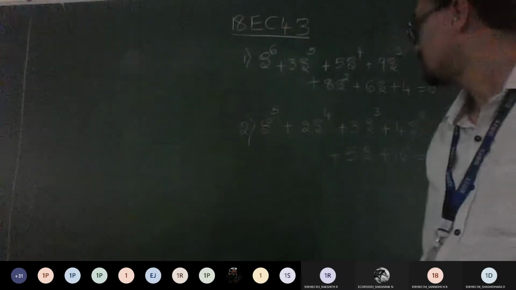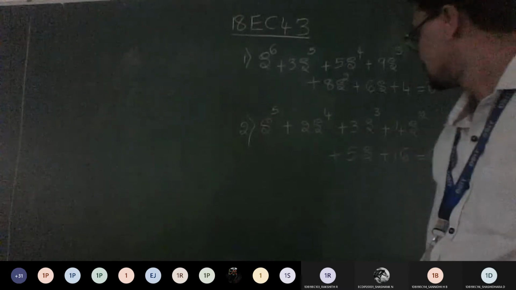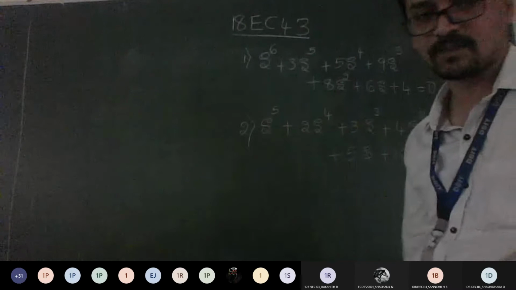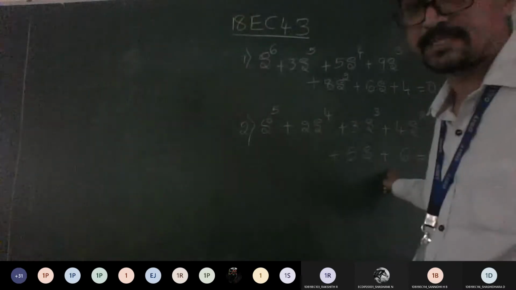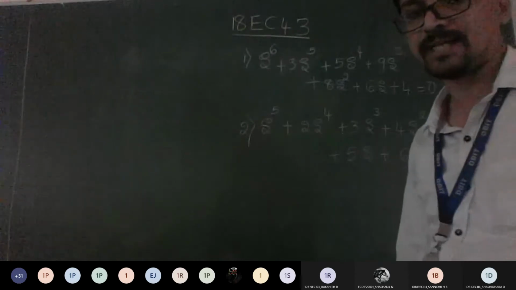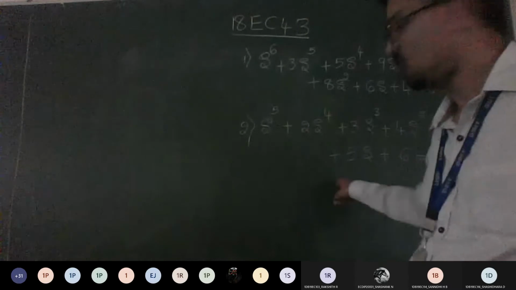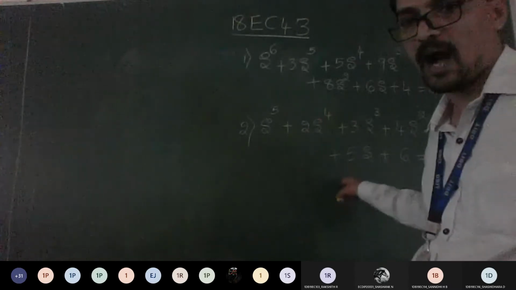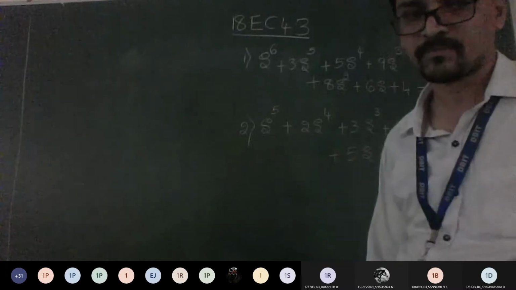Okay, for the second question also, S power 5 plus 2 S power 4 plus 3 S cube plus 4 S square plus 5S plus 6, not 16, it is 6 guys, just change it, equal to 0. So the question continues: how many poles lie in the RH of S plane? How many poles lie in the RH, Routh's array, RH of S plane?